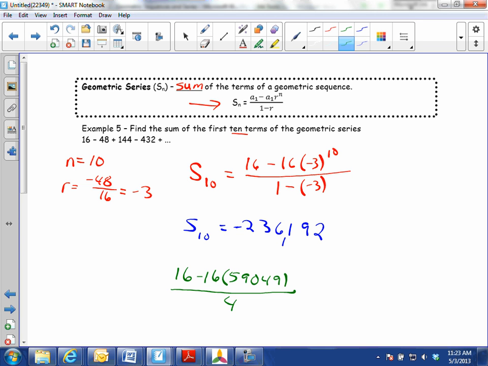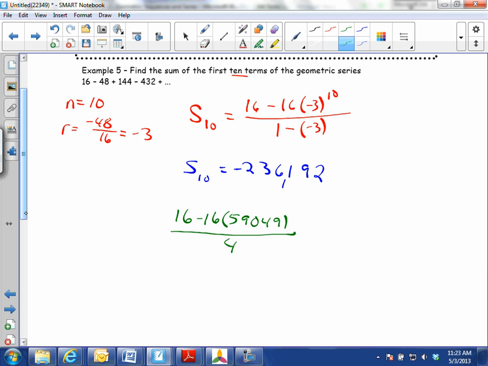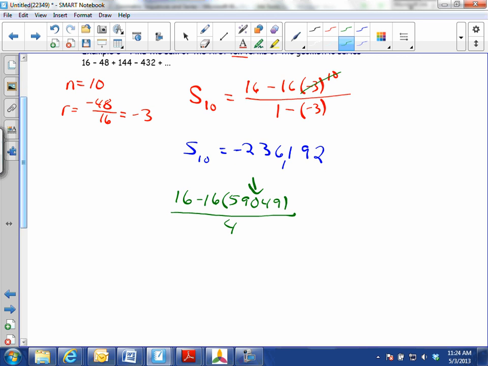Instead of trying to plug it in your calculator, I would just think order of operations. It tells us to do exponents first. So we would multiply, and then we would subtract, and then we divide by 4.